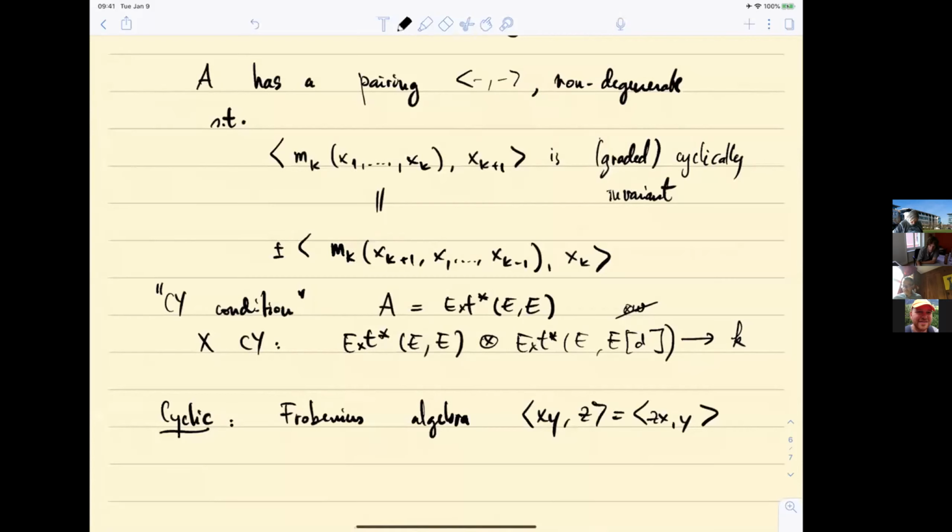This is a cyclicity condition. So this is when, instead of an A infinity algebra, which is a full structure, you only have one multiplication. And people probably know that Frobenius algebras are very closely related to two-dimensional topological field theories.